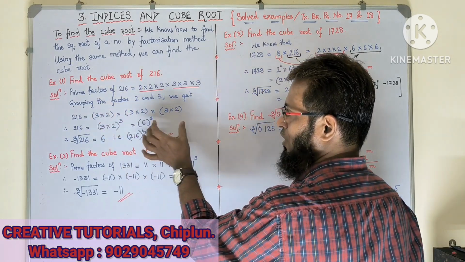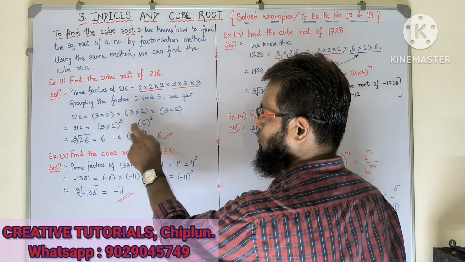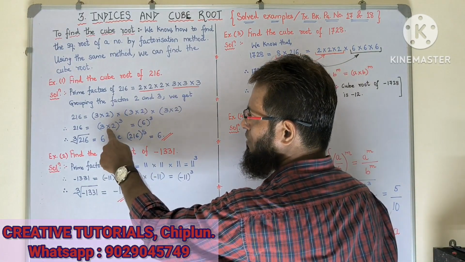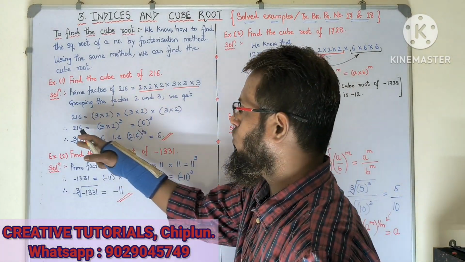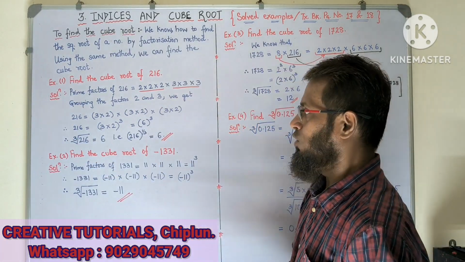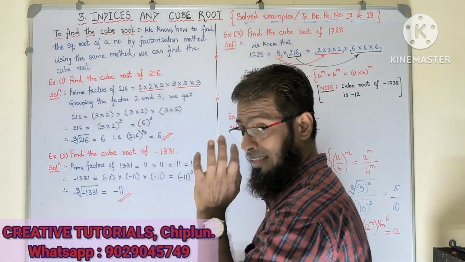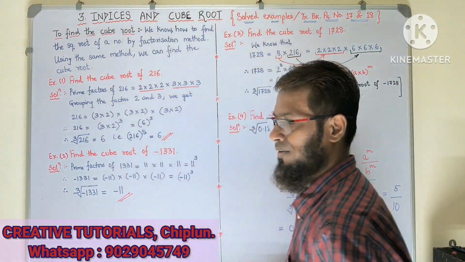So I can write 216 is equal to 3 multiplied by 2 cube, because it has come thrice. Now 3 2s are 6 and this cube. So that means 216 is nothing but cube of 6. So if cube of 6 is 216, then cube root of 216 will be 6.